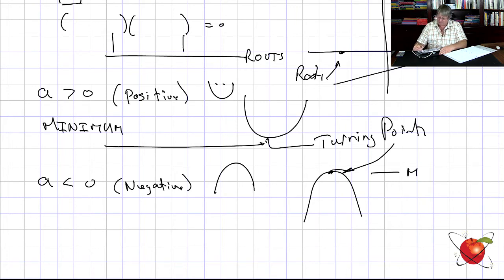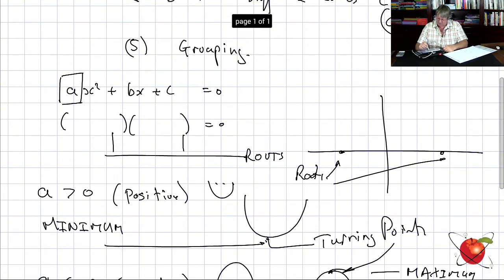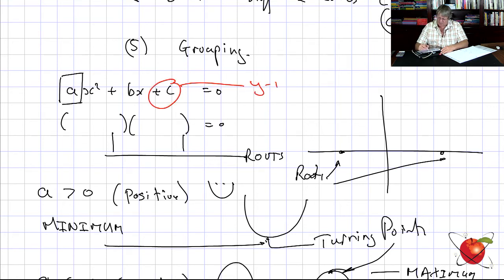And this then was a maximum value. Okay, so there's a lot of information packed into this. The last little bit of information, please remember that c over here was the y-intercept. Okay, so yep, we've got that.